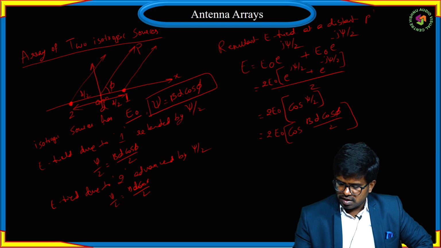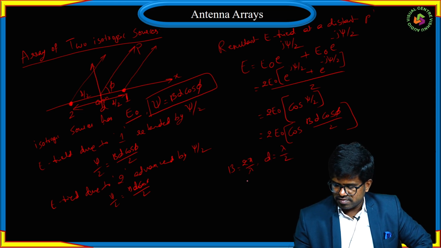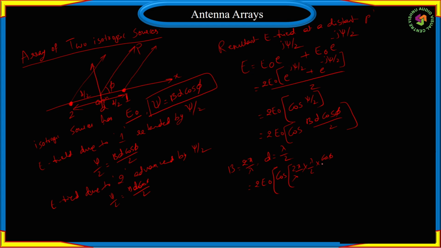Here we know that β is the phase constant, that is 2π/λ. Normally if you take a λ/2 distance for d, then what is the resultant? You can see that it is 2 E0 cos((2π/λ × λ/2 × cos φ)/2).